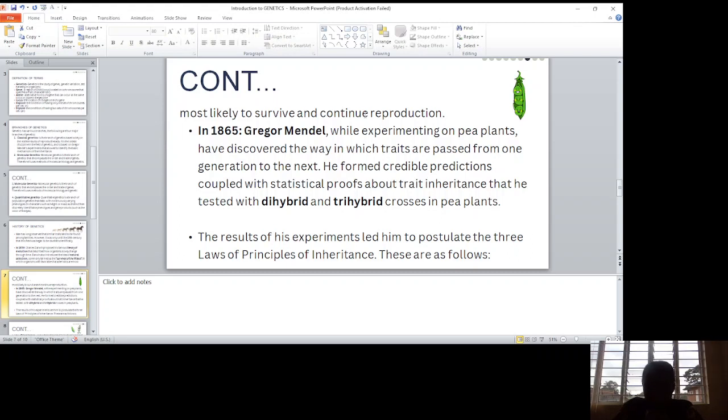At this point, he formed some predictions that were coupled with statistics. They had statistical evidence, and he tested and came up with dihybrid and trihybrid crosses in pea plants. When we talk about dihybrid, we simply mean 2 crosses, while trihybrid means 3 crosses.